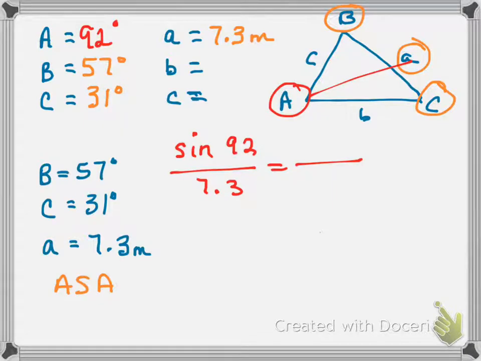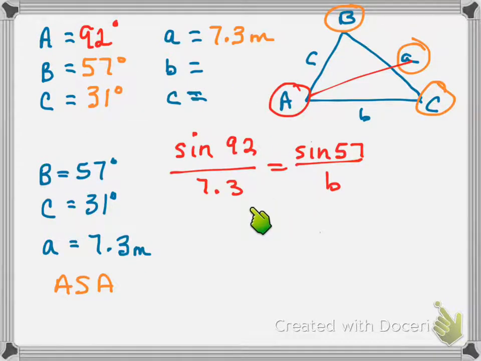I guess I'll go with B first. So sine of B, which is 57, over lowercase b. So this was sine of A over lowercase a. Here's angle A and lowercase a. You have your pair. And sine of 57, that's angle B, so that means I'm looking for lowercase b.